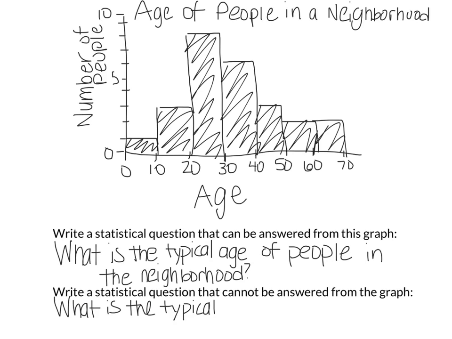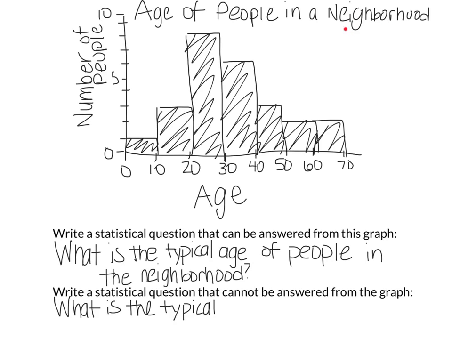And now I'll think, what is something that this graph does not show me, and it should be related. So not like, what is the typical amount of time it takes someone to shower? Nothing about this graph talks about people showering. So I'm going to try to think of something that's related, but not quite in this graph.